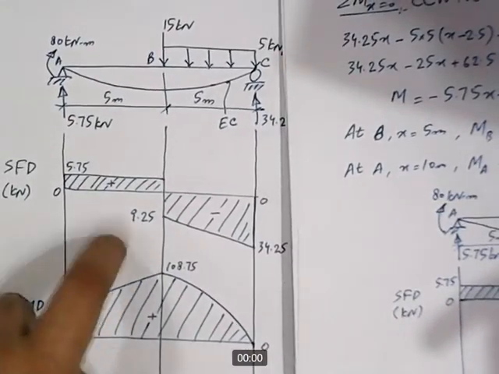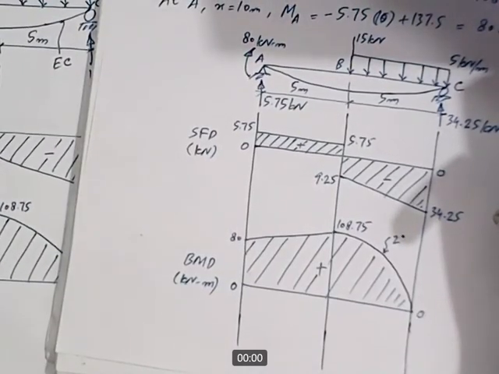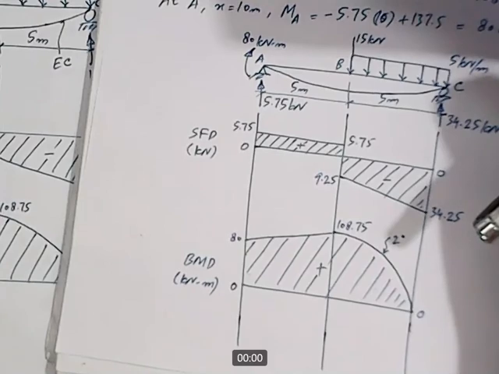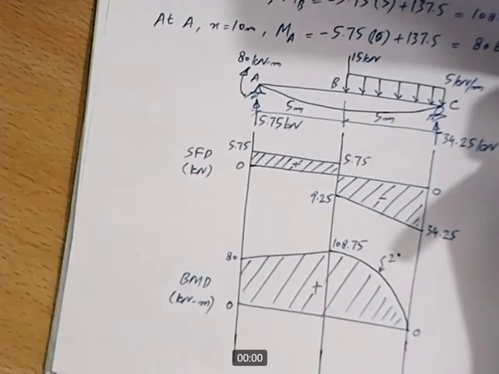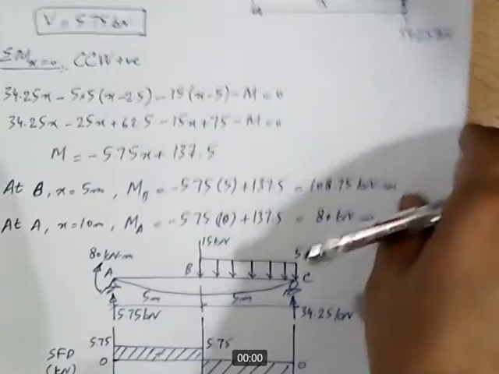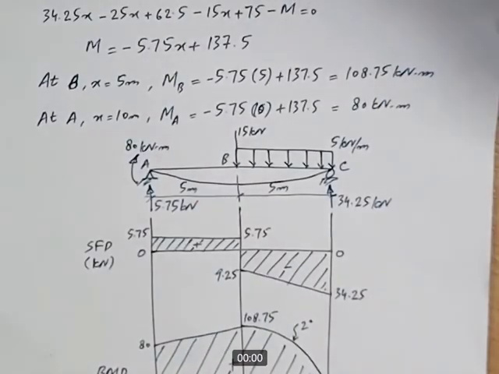This is the old solution, right? And this is our new solution. In the new solution we are getting exactly the same shear force diagram and bending moment diagram with exactly the same values. So this verifies our calculations, and as we claimed at the beginning, we changed our convention in order to get exactly the same diagrams.